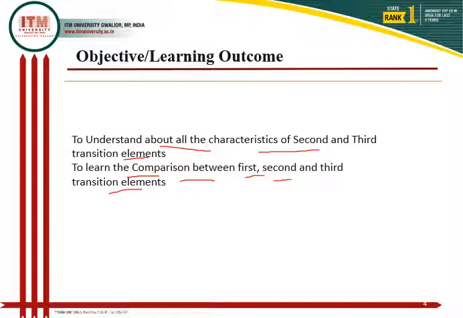So after learning the second and third transition elements with their characteristics and properties, the students will be able to have the similarities and the differences among all three transition series elements.